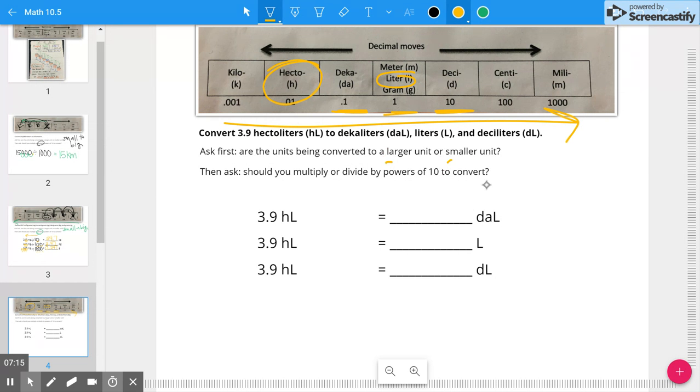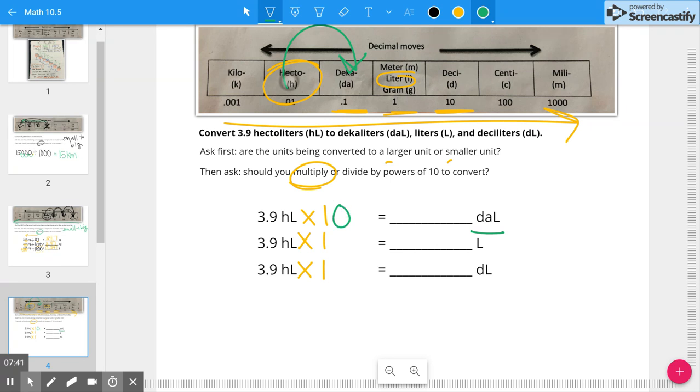So large to small would be big to small. So best soccer mom. I'm going to multiply. So I'm going to put my multiplication symbol. And since these are powers of 10, instead of doing a 10 with an exponent, I'm going to do 1s all the way down, then add my zeros. So if I'm at hectoliters and I'm moving to decaliters, I'm moving 1 time to the right, so I'm adding 1 0.